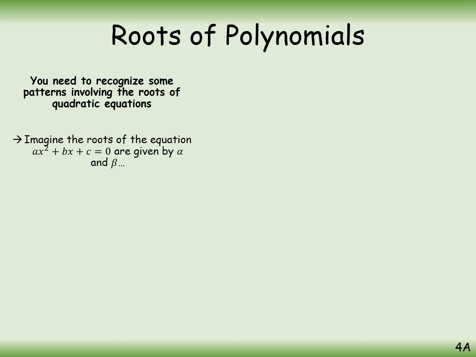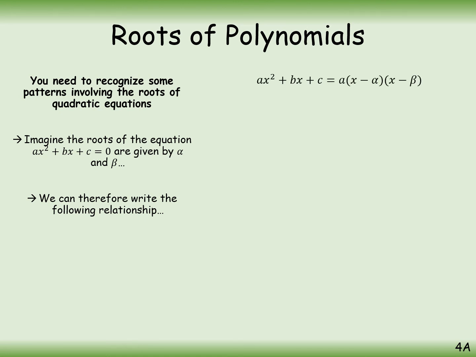So imagine the roots of the quadratic equation ax squared plus bx plus c are given by alpha and beta. We can therefore write the following relationship. This quadratic would equal a(x minus alpha)(x minus beta), because we're saying alpha and beta are the roots.